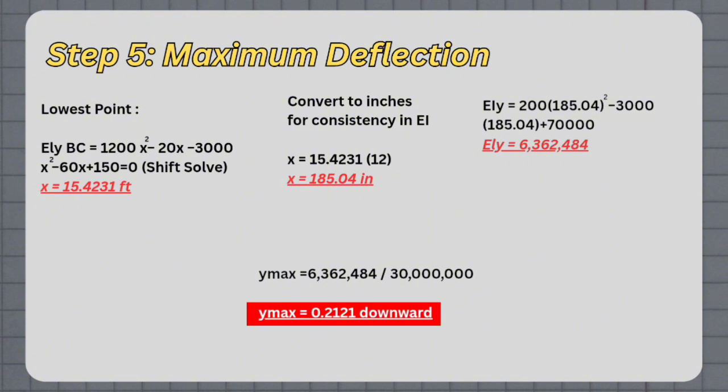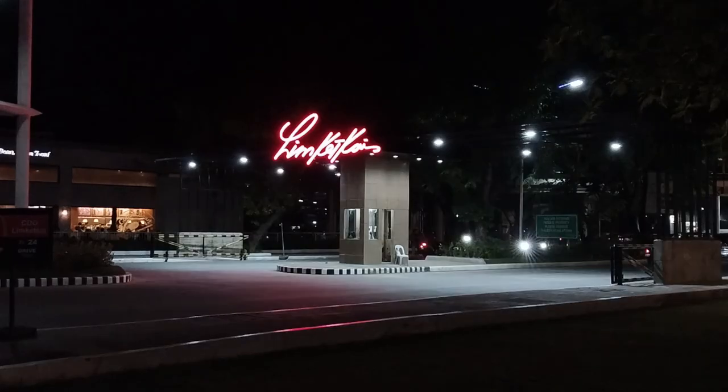And next we're going to substitute the value of our x into our EI, and we will get 6,362,484. After getting our final EI, we can now solve for our Y max, which is EI over elasticity multiplied by our moment of inertia, and that will give us Y max equal to 0.2121 downward.